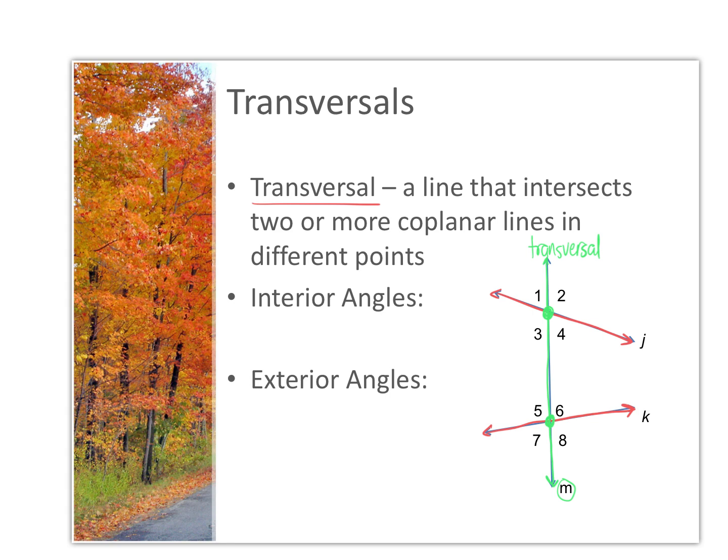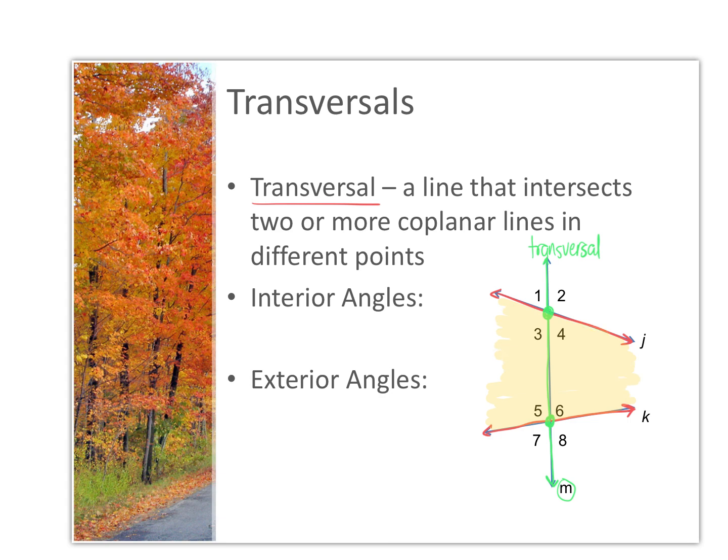And what happens is when that transversal cuts through, it creates 8 angles here. It creates 4 angles with line J, and it creates 4 angles with line K. Now, the interior angles are the angles that end up on the inside of the two original lines. Think of the two red lines like they sandwich this interior space, right?